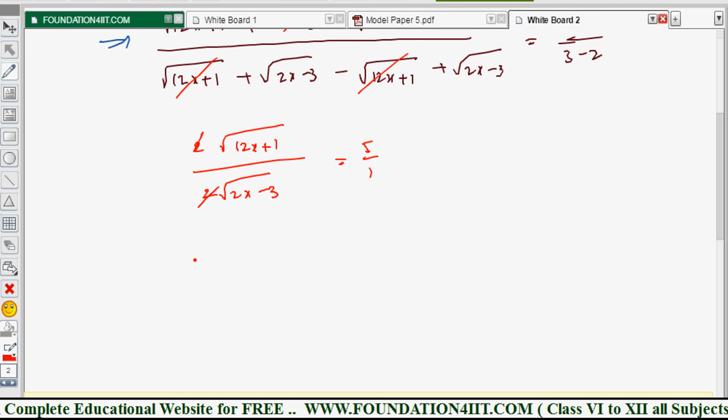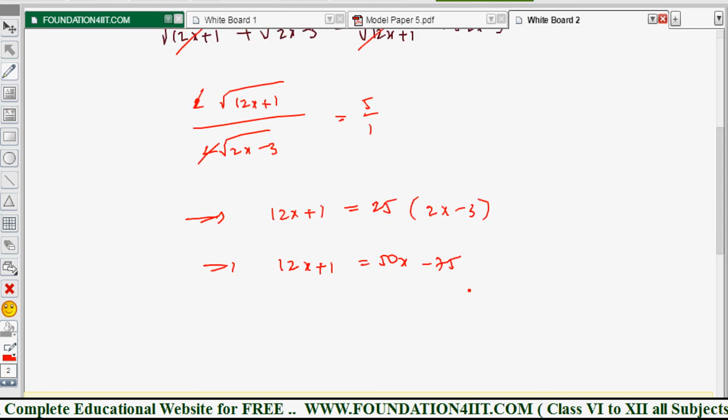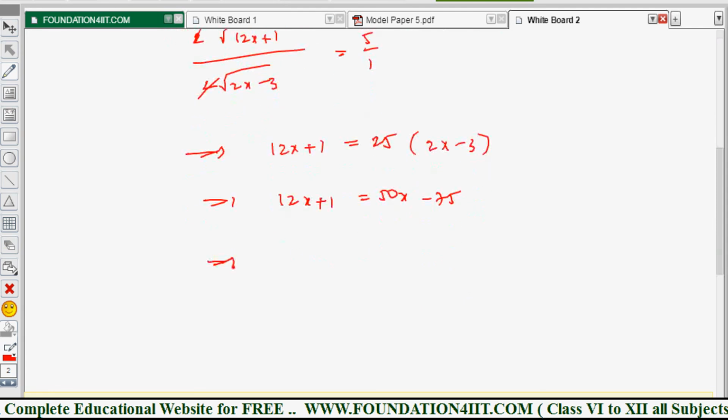Apply squaring on both sides, then it becomes 12x plus 1. 5 by 1 becomes 5 squared by 1 squared, so 25 into 2x minus 3, just squaring on both sides. Then 12x plus 1 is equal to 50x minus 75. Take the x terms one side and simplify.